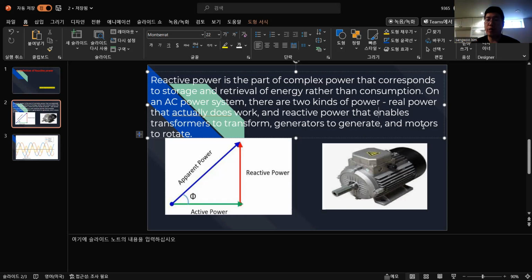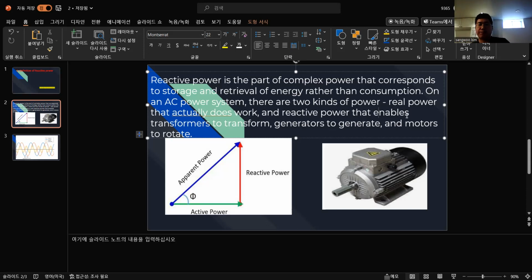What I mean is, if we don't understand reactive power, we cannot understand this meaning. We are confused about what it's saying, it seems like the same meaning.